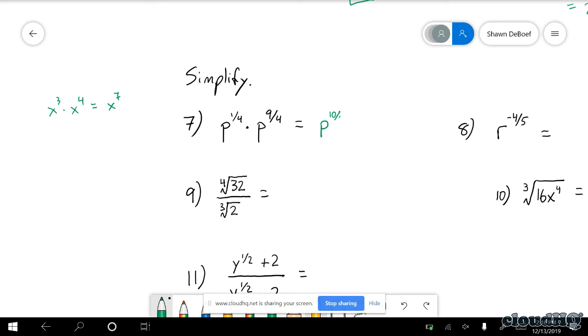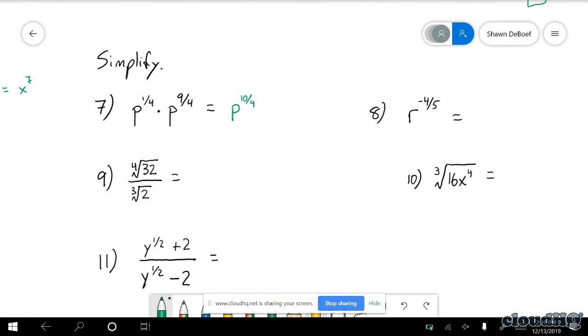They already have a common denominator, so it becomes not fifths, 10/4. And can I simplify that further? Yes, because 10/4 simplifies to 5/2.